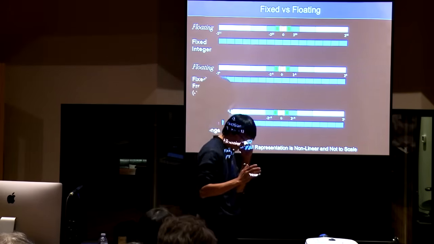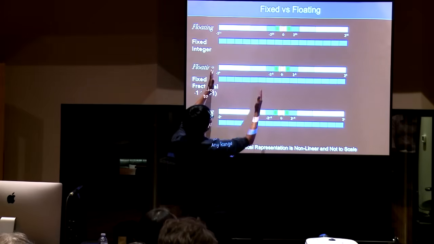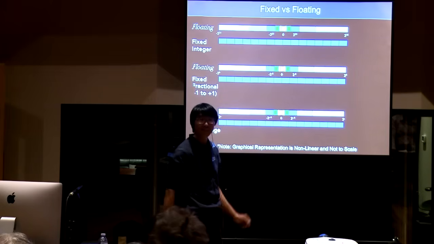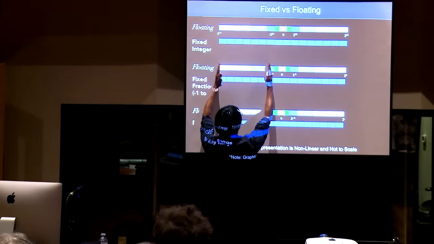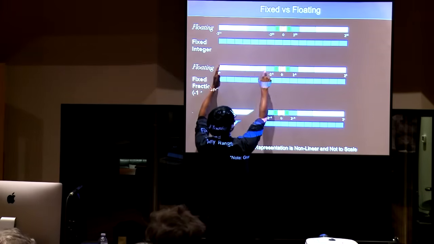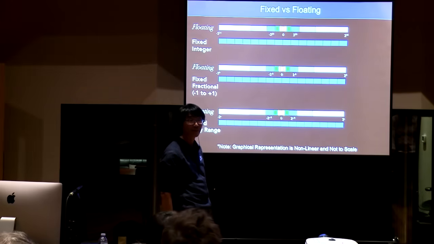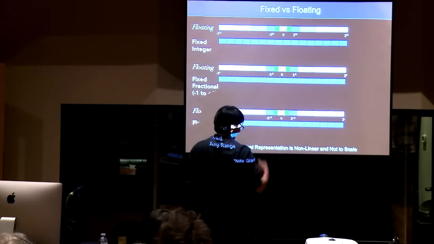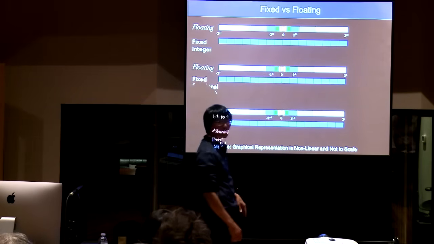So you are right in a sense: if you compare this range, fixed point wins, because in this range the floating point has not enough resolution compared with the fixed point. But if you talk about this other range, then floating point wins big time.